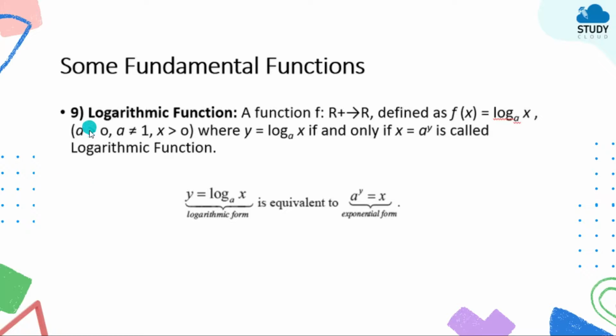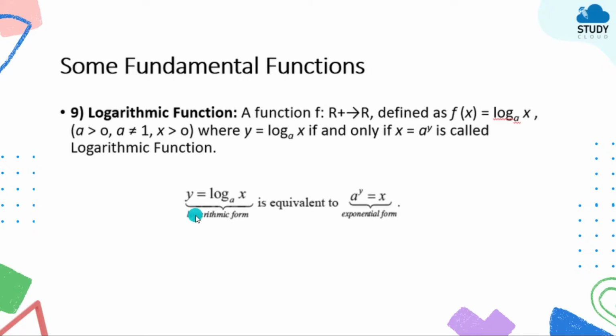After that we have the ninth function, the logarithmic function. A function f from R+ to R defined as f(x) = log_a x. Here a is the base, a is greater than 0 and not equal to 1, and x is also greater than 0, where y = log_a x if and only if x = a^y, is called a logarithmic function.